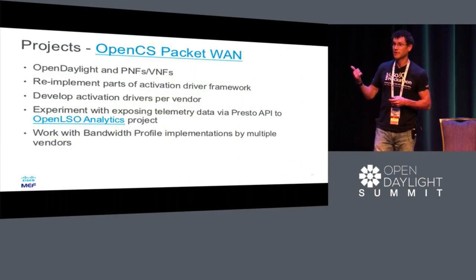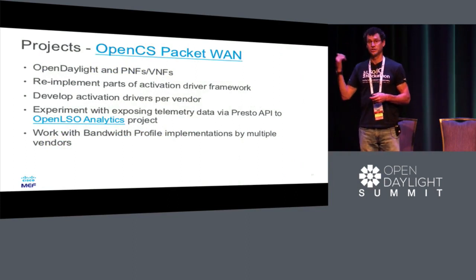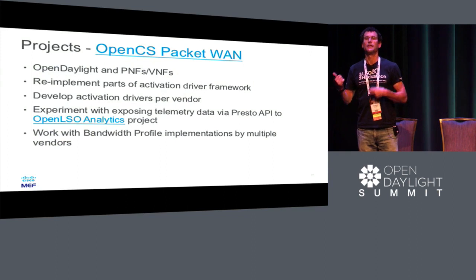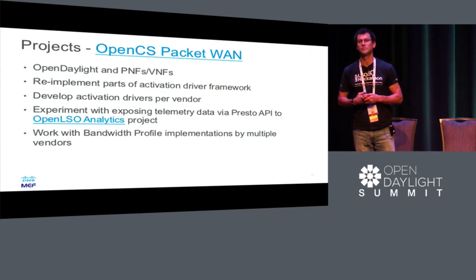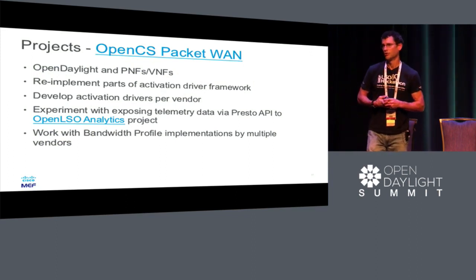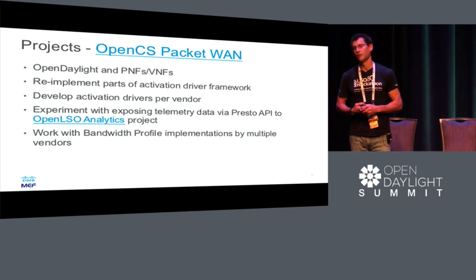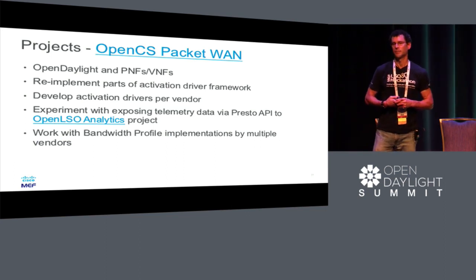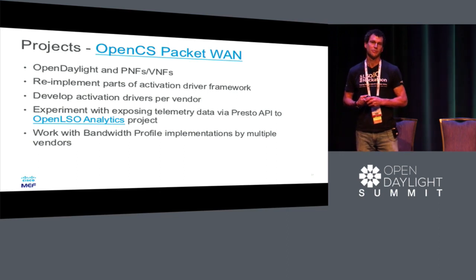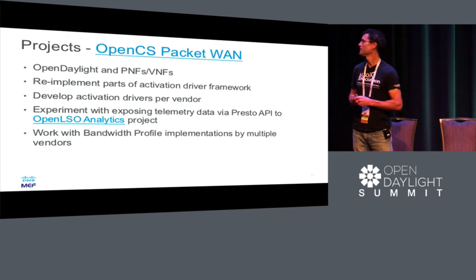I mentioned the OpenCS Packet WAN project. Basically, we're just continuing the work that we've done. We now have a new Presto API that's being defined, and so we'll be working on that, and reworking some of the activation framework that was put into place, and hopefully building out some activation drivers for that from different vendors.